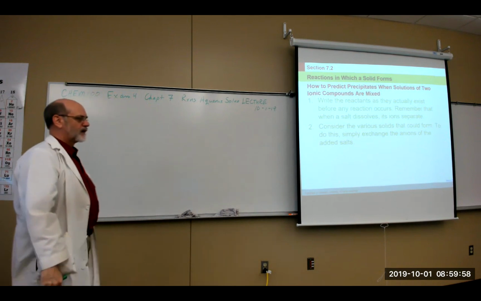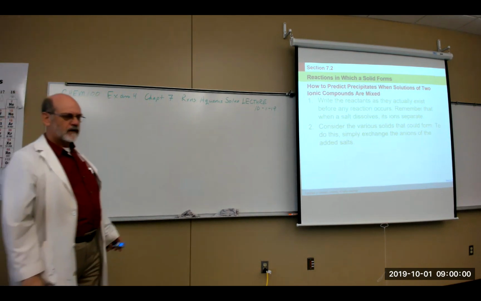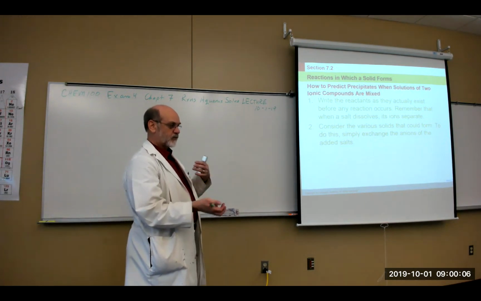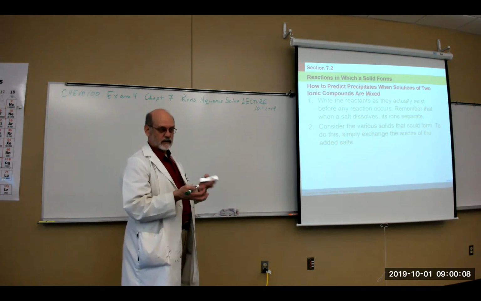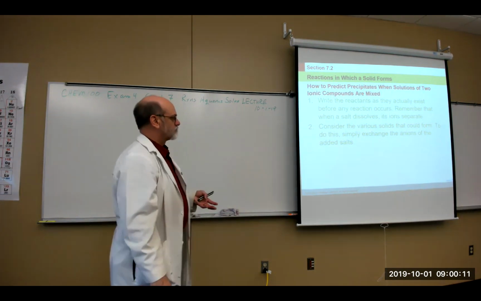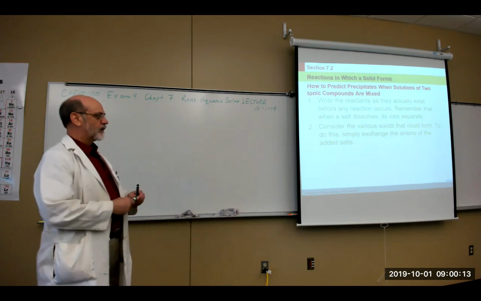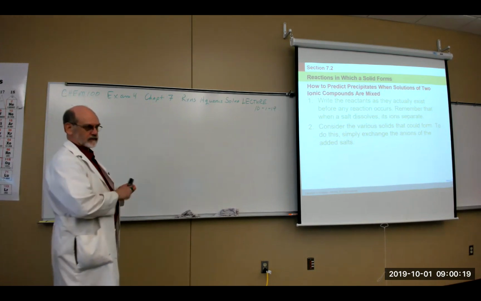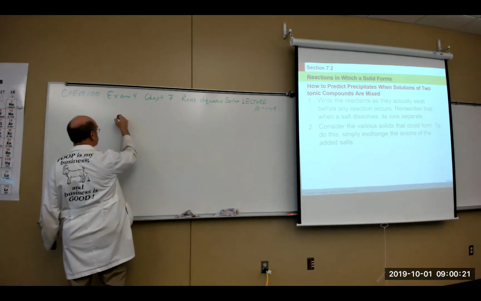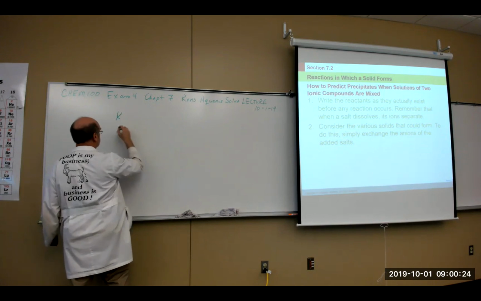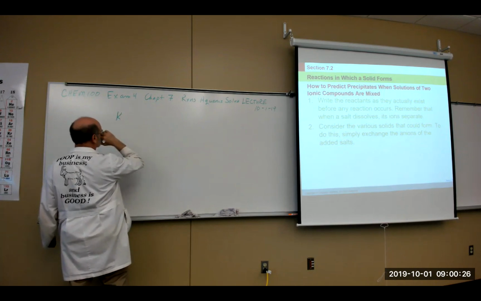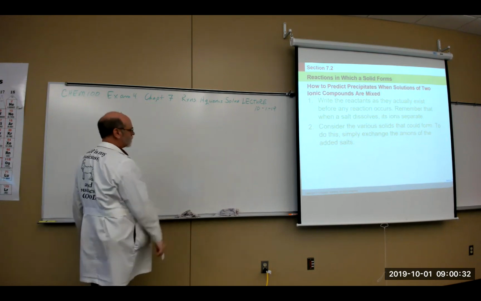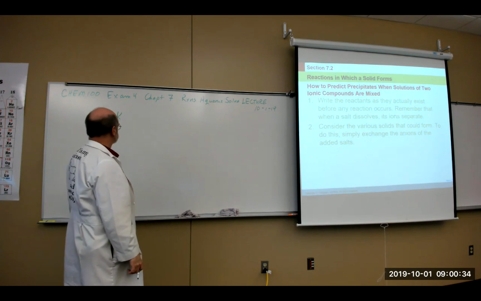So, when you mix two solutions, and we're trying to determine if we have a precipitation process form that's solid, you write out the reactants on one side, and then you do that double replacement dance, right? So the example we had before was barium nitrate.